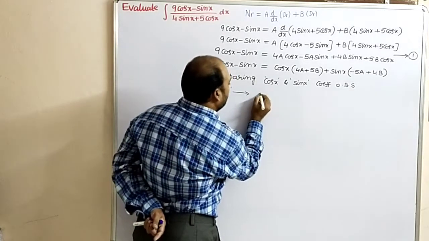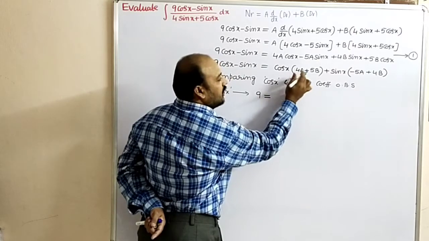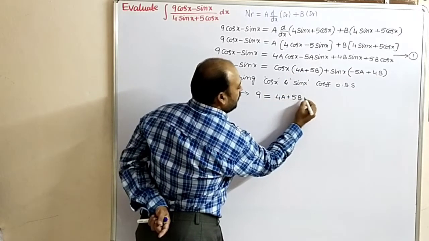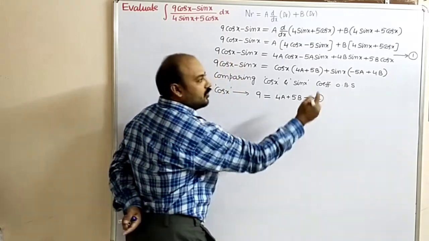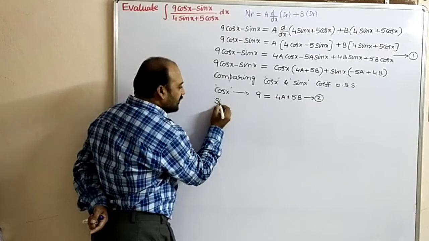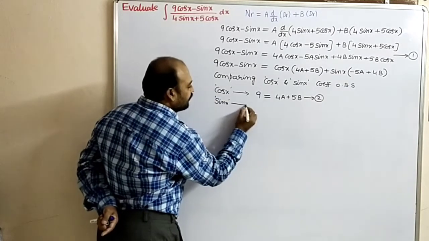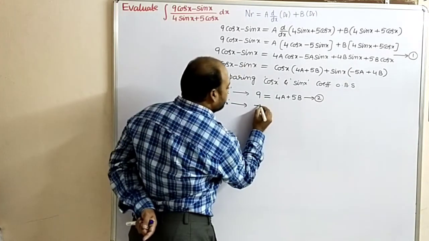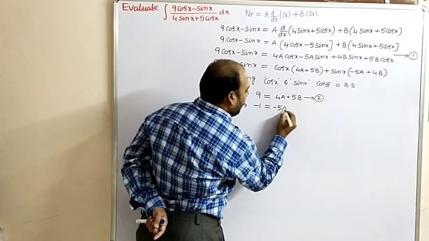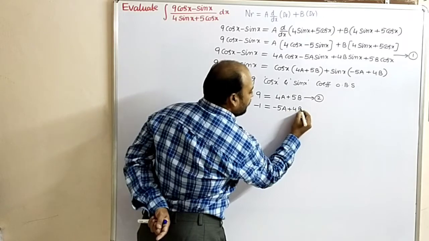Here the cos x coefficient is 9, which is equal to 4a plus 5b. You keep that as equation number 2. Equation 1 we already kept there. Next comparing sin x coefficients. Here the sin x coefficient is minus 1, which is equal to minus 5a plus 4b.